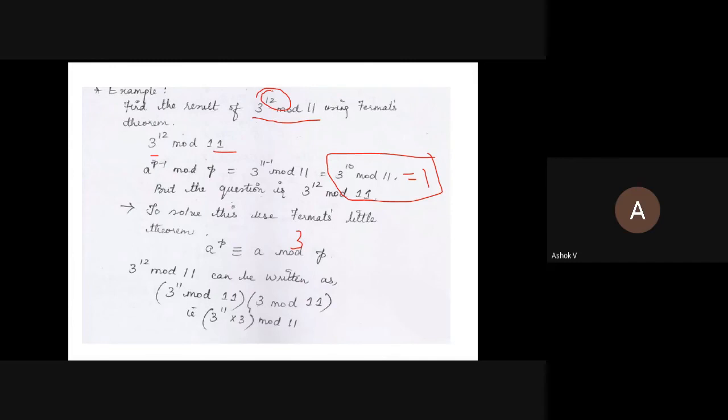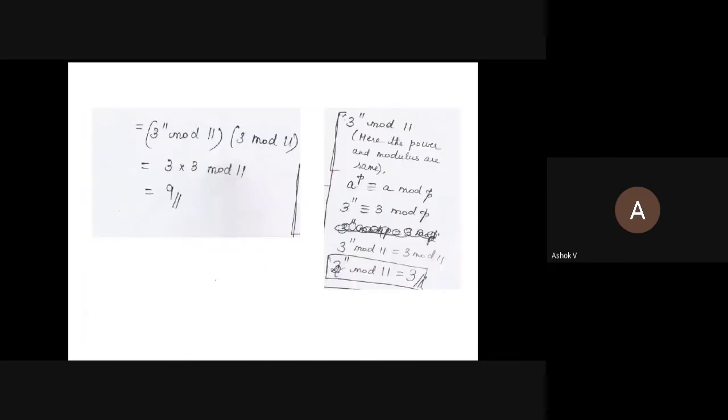Here the exponent is only 10. 3 power 10 mod 11 will yield the result as 1, but we need the exponent 12. So for 3 power 12 mod 11, we are writing 3 power 10, for example here. So 3 power 10 mod 11 is different.